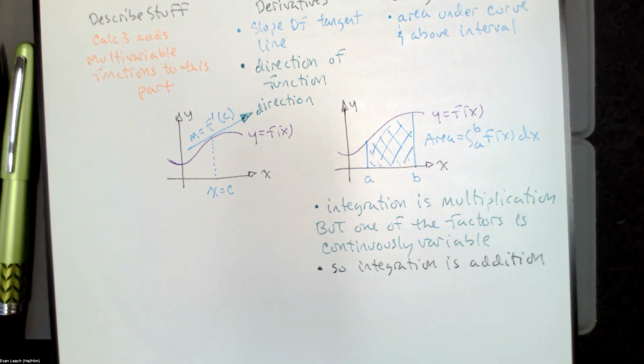You know what I mean? So like I said earlier, Calc 3 is easy to calculate because you know 2/3 of the thing. You know how derivative thinking works. You know how integration thinking works. We just need to take those thoughts and apply them to new objects.